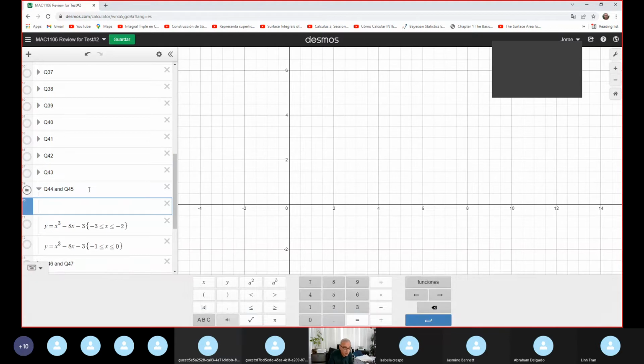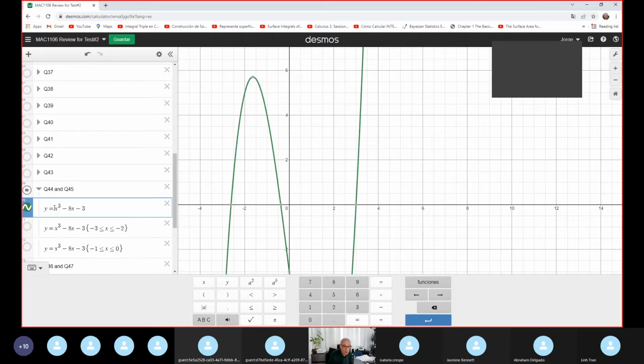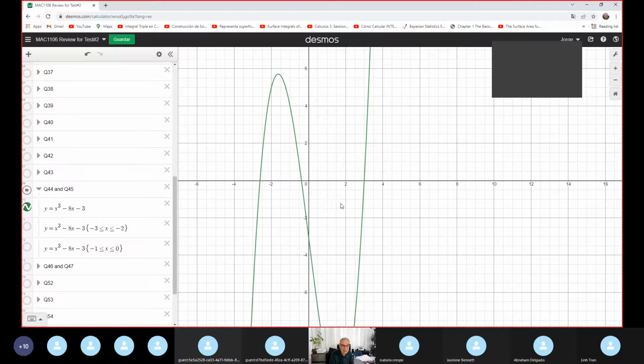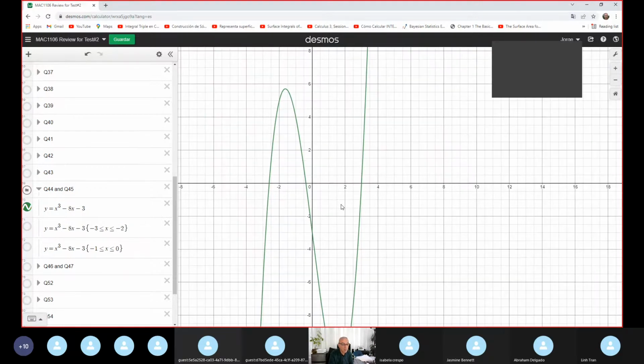I create one new line. I just copy the function without restrictions. Control C, Control V. This is my polynomial. This is the graph of my polynomial, exactly the same as I did before. But I want to see one specific piece of this graph, which is between -3 and -2.